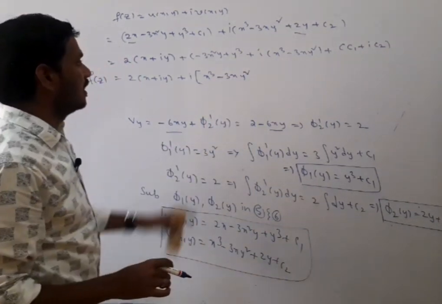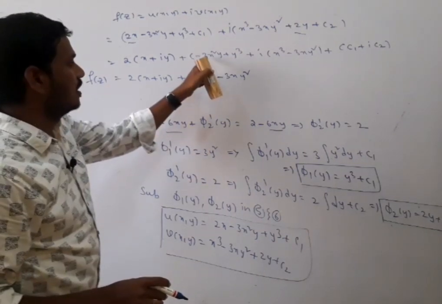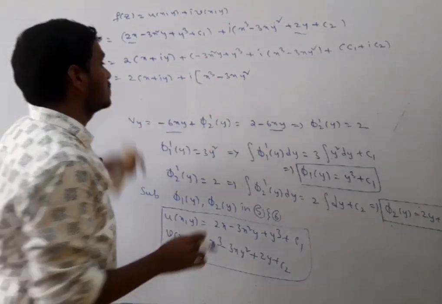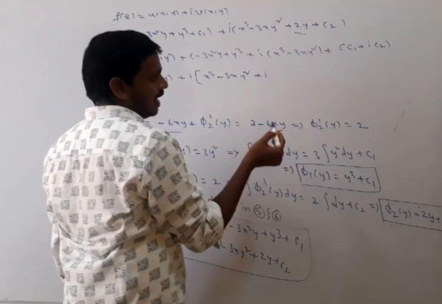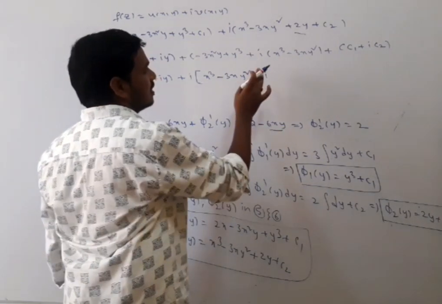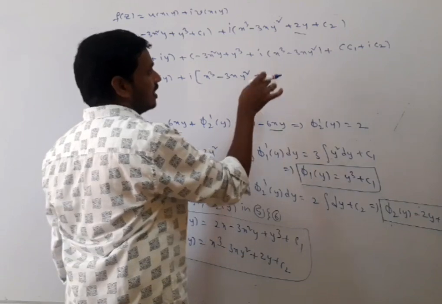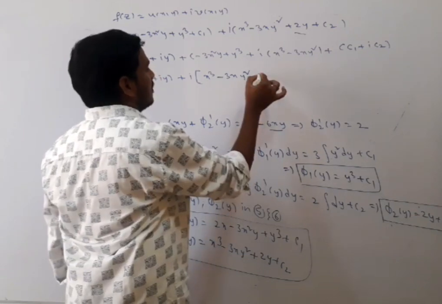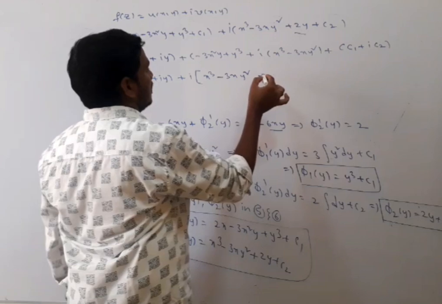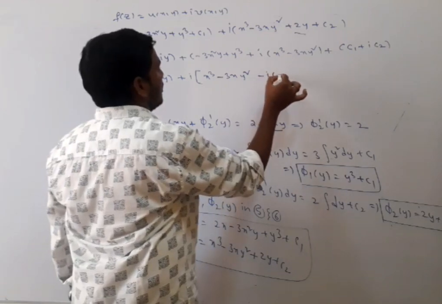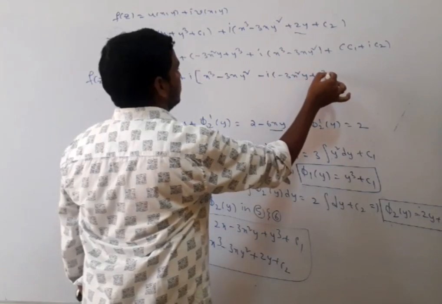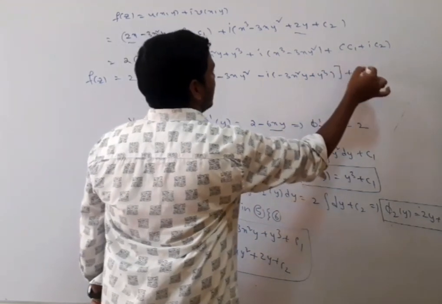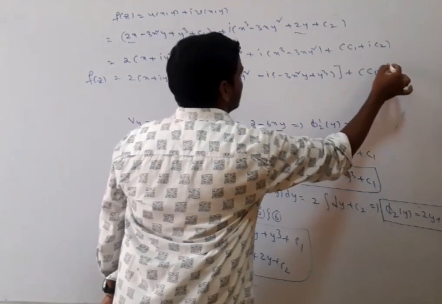If I take i common, the other part should be multiplied by 1 by i, that is i divided by i, minus, i times minus 3x square y plus y cube, plus c1 plus c2.